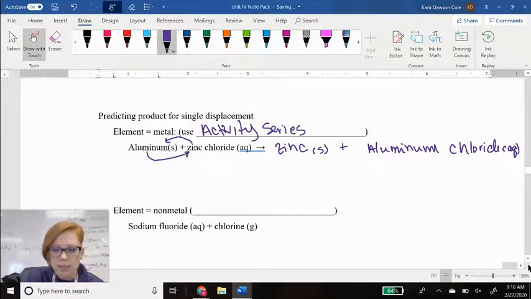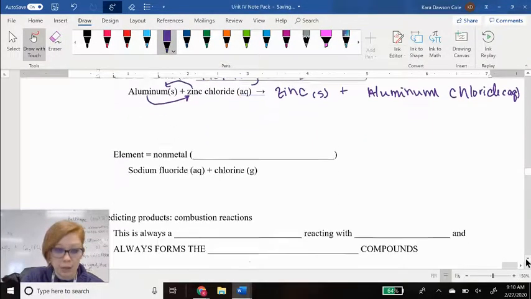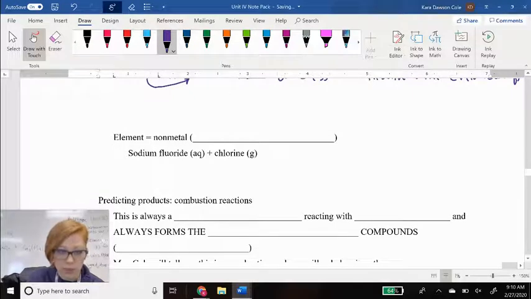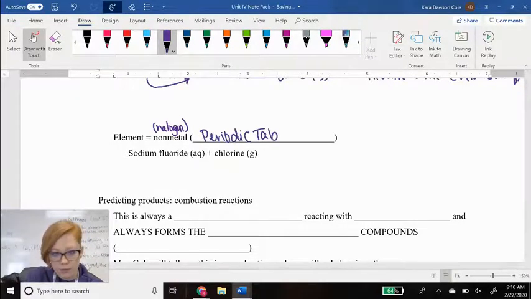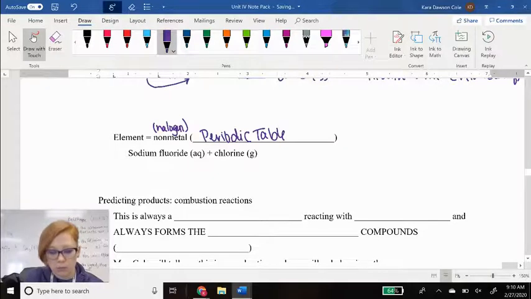If the element is a non-metal, this means it's a halogen. If it's a halogen, then you are going to use the periodic table, and going down the column is kind of your activity series for the halogens.